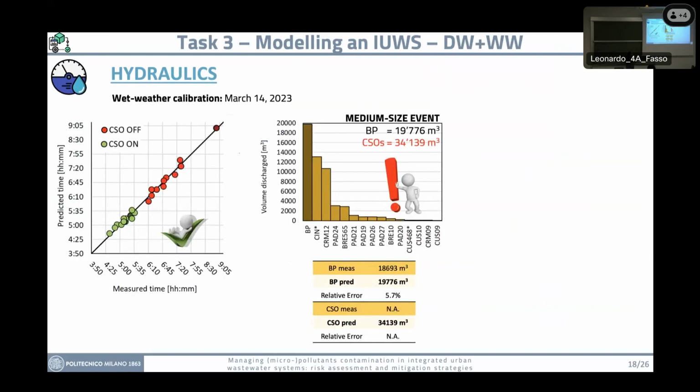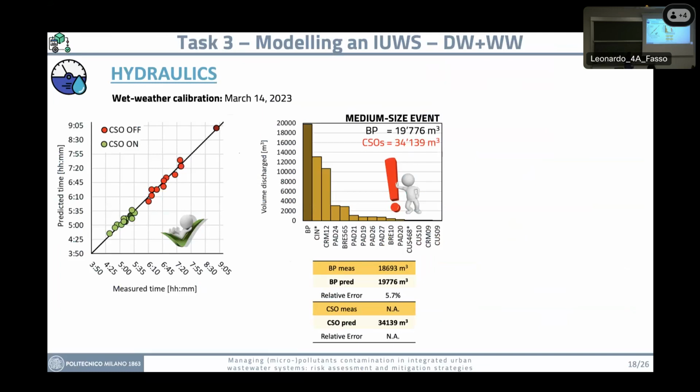And here we can see that we can compare our result with the reality, and the calibration was quite successful. While for the volumes, we didn't know if actually the CSO volumes were correctly predicted, but we could say something on the bypass. Here, this is what we measured and what we predicted, and the relative error is lower than 6%.